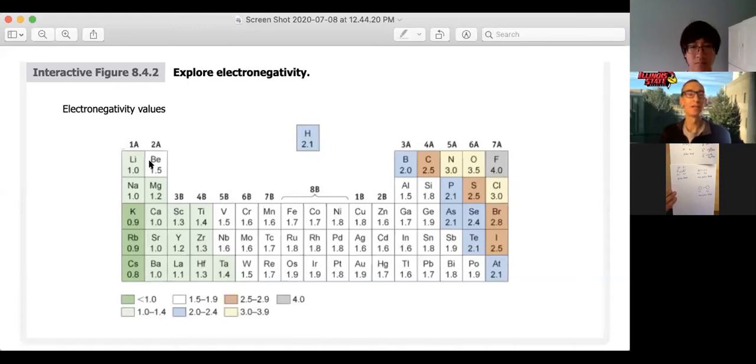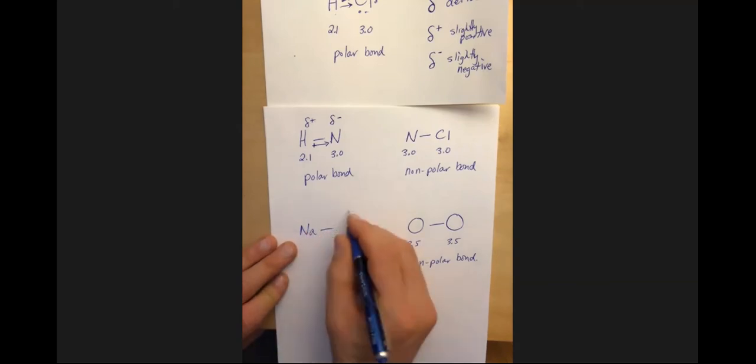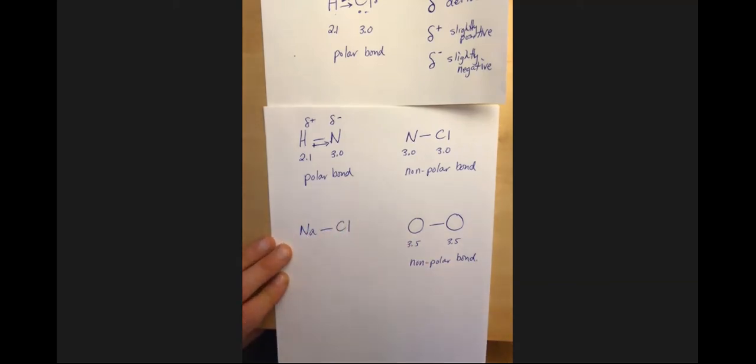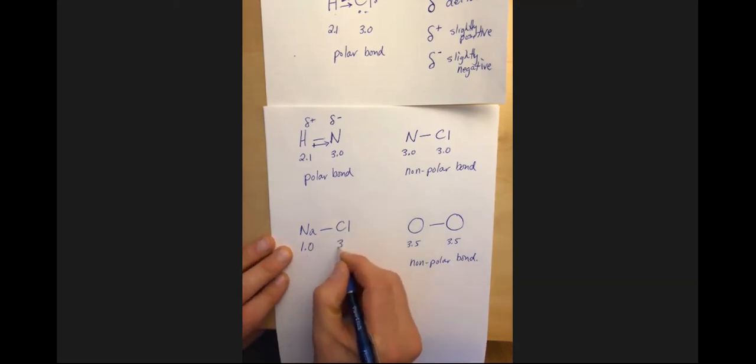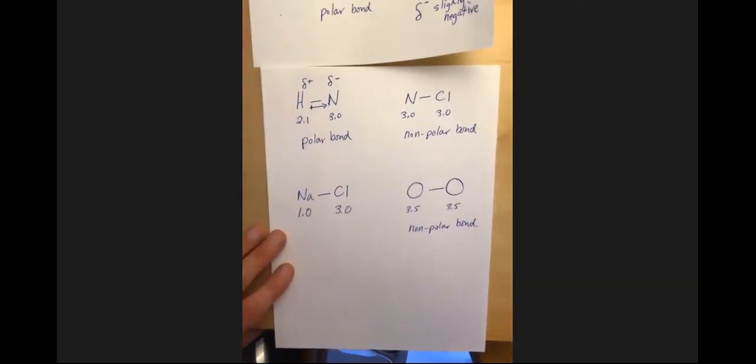Sodium is 1.0, chlorine is 3.0. So here is sodium attached to chlorine. Sodium's electronegativity is 1.0, super low. Chlorine's electronegativity is 3.0. So what does that say?